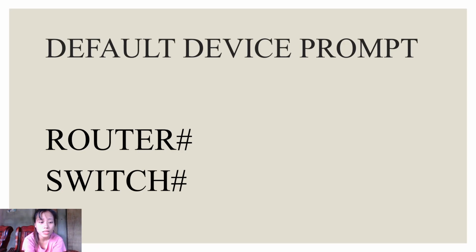As you can see, it is different from the default device prompt of the user exec mode, but the only difference is that it has a number sign or the hashtag. That's the difference between the user exec mode and the privilege exec mode.